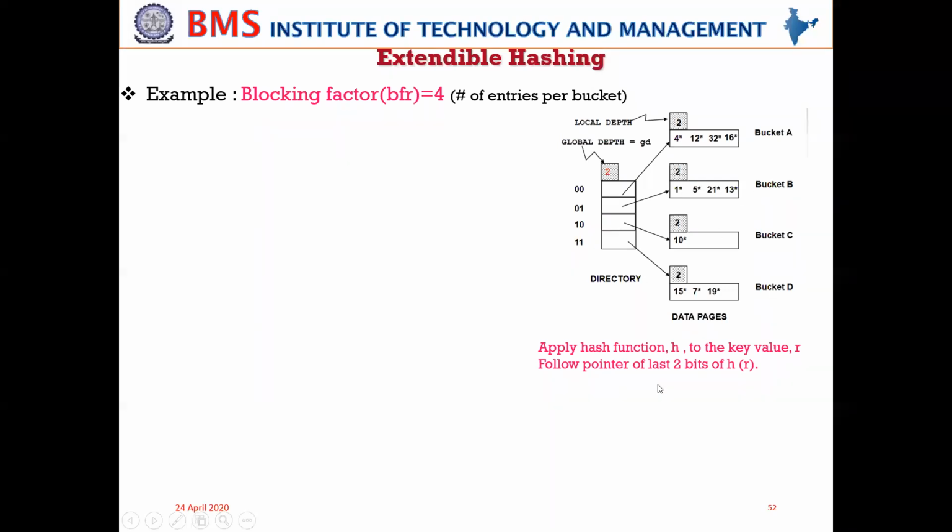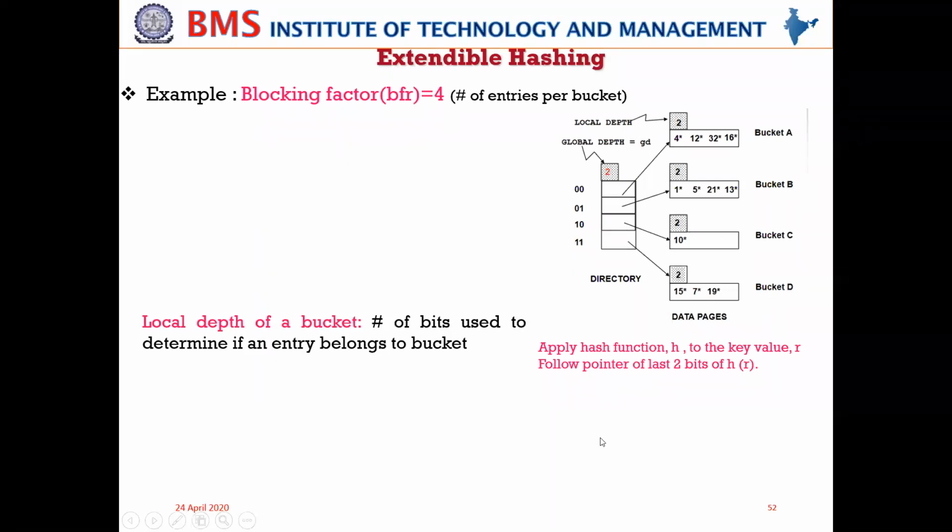This is an example I have taken. Let us try to understand what exactly a local depth is. Usually local depth is associated with the buckets. Local depth determines how many bits are required to tell which bucket a particular entry belongs to. For example, I have 4 buckets.